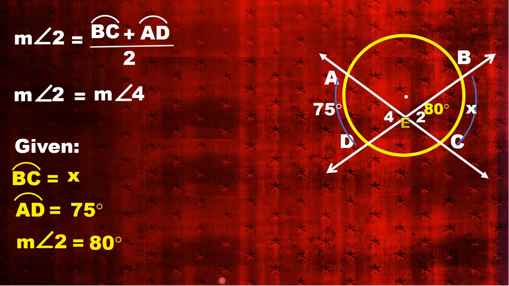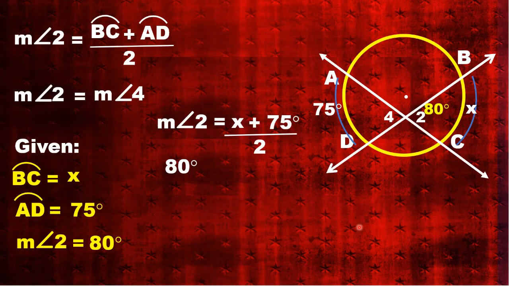Angle 2, yan, tinanggal ko muna yung ibang hindi kasama para mas malinis tingnan yung ating figure. Angle 2 is equal to arc BC is x plus arc AD is 75 divided by 2. But remember, angle 2 is 80 degrees equals x plus 75 divided by 2.